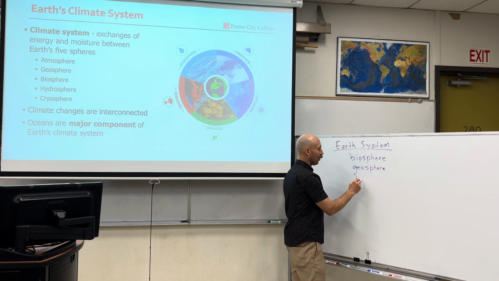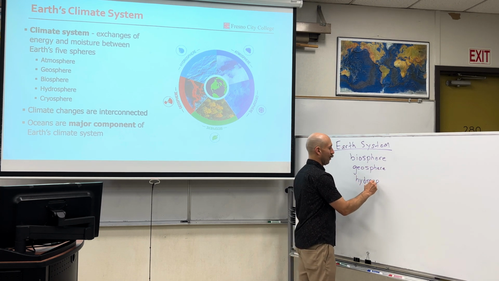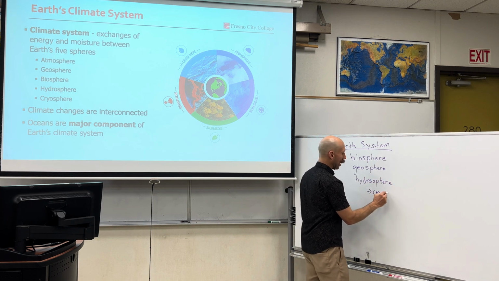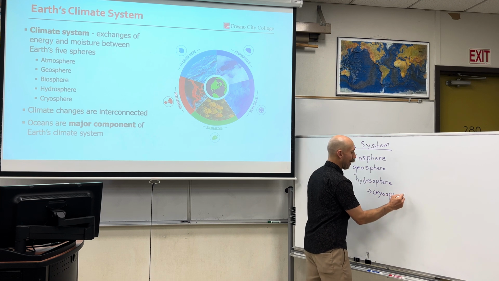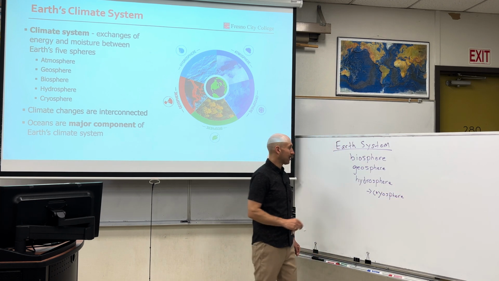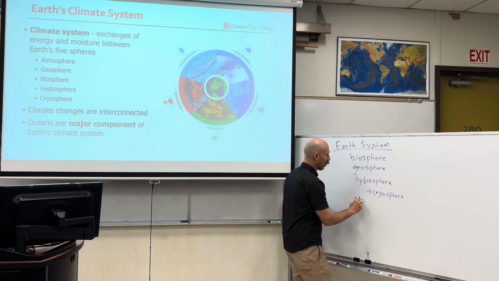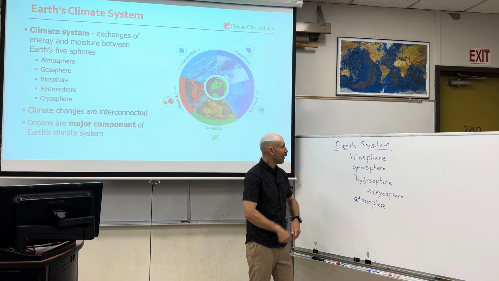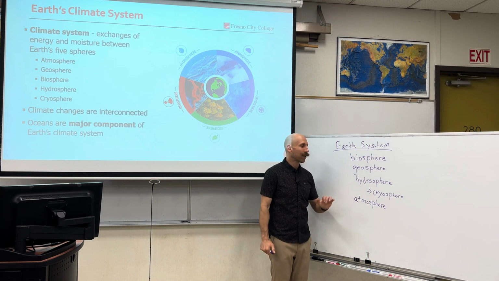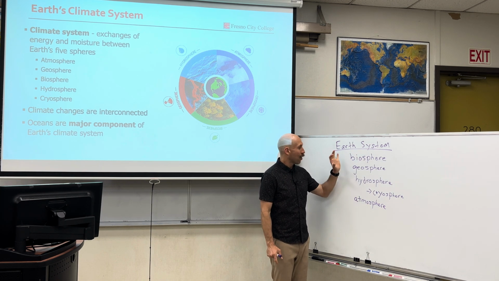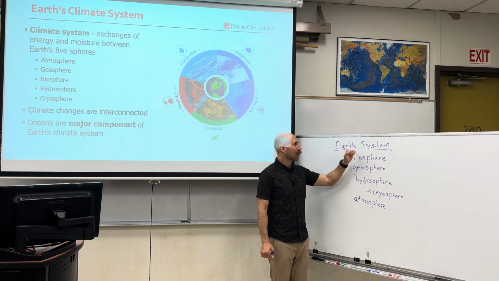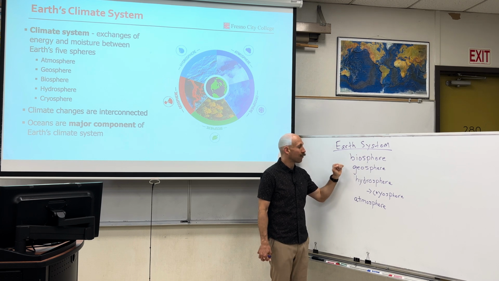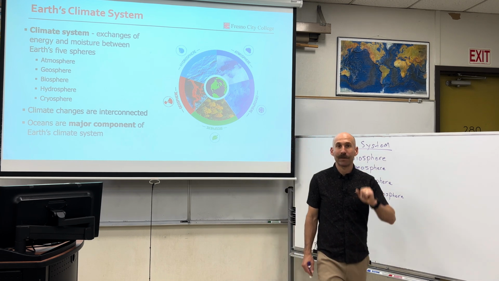All of the water on Earth, the hydrosphere, where this sometimes pulls out the ice because ice plays such a key factor in our global Earth system. And then we have all of the air, the atmosphere. Now, these spheres do not work in isolation. They work in harmony. Our Earth system is based on the complex interactions between the biosphere, geosphere, hydrosphere, and atmosphere.